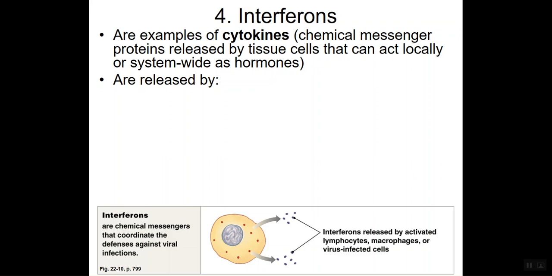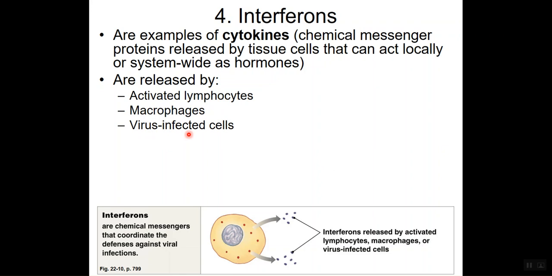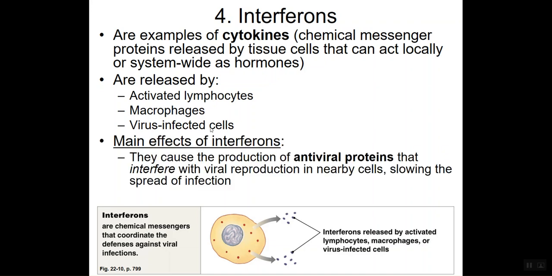So interferons, as you can see, are released by some good guys, some lymphocytes that have become activated, and then some non-specific macrophages as well. And then even a cell that has become bad, one of your own cells that has become infected with the virus, can release these interferons. And they get their name because they interfere with viral reproduction.